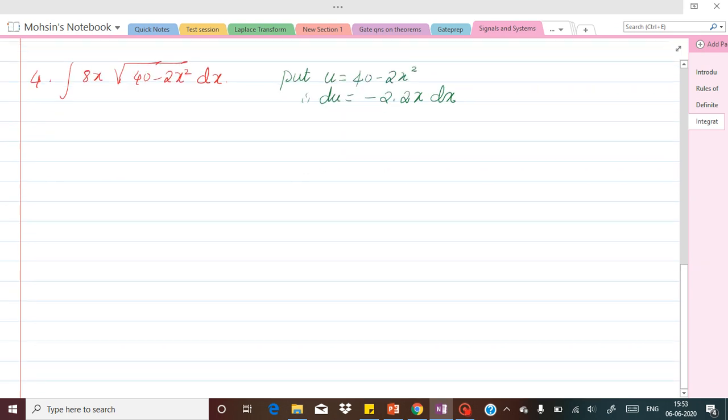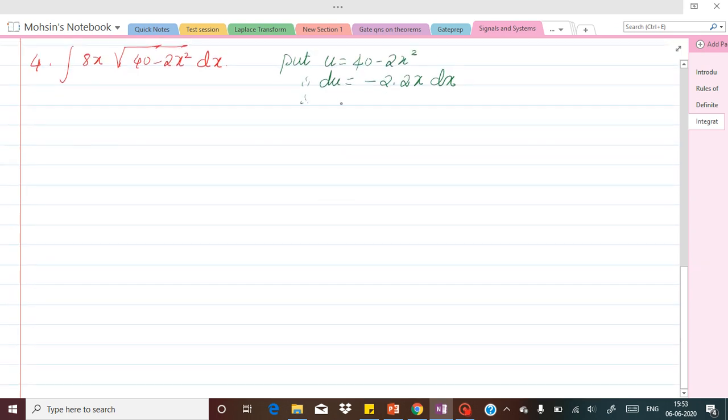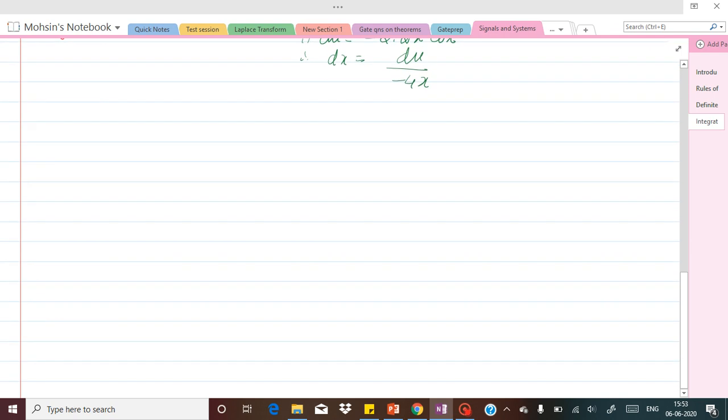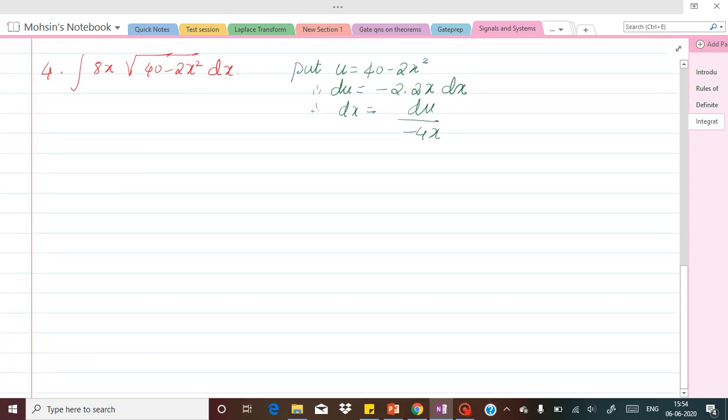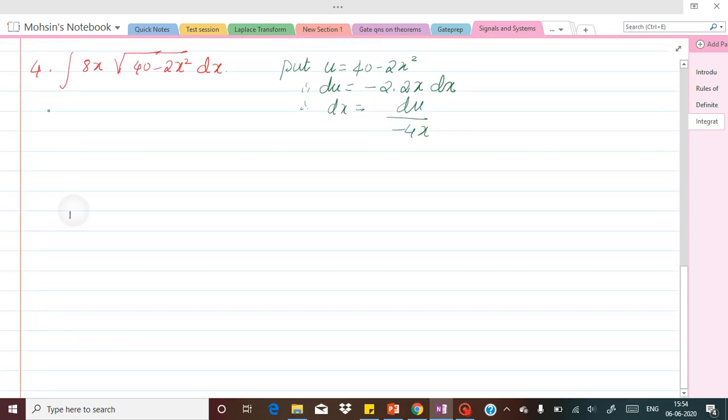Okay, so therefore we can write dx will be equal to du divided by minus 4x.